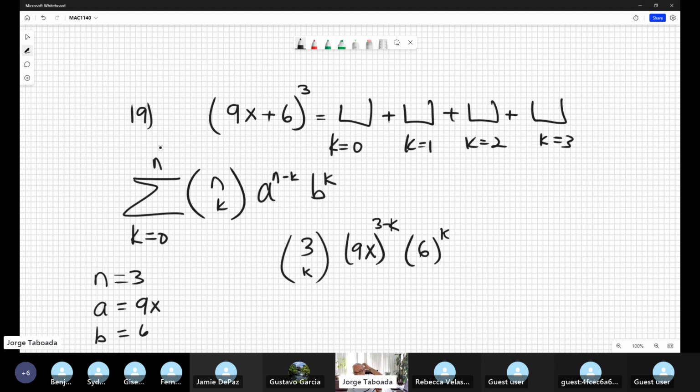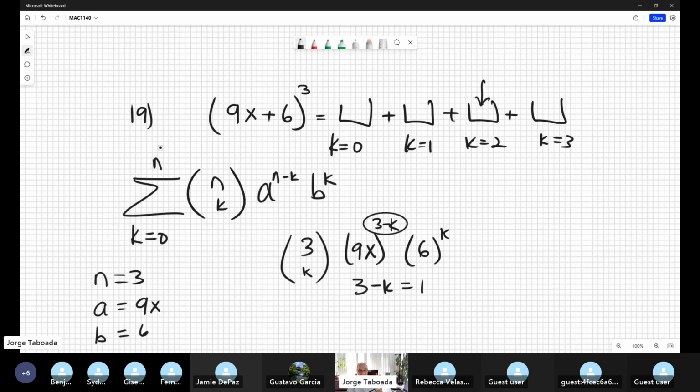But the clue that gives me information about K is in this term, K is 2, and 3 minus K equals 1. How do you know? Because of the specification: I want the term, when you expand it, where the x has power 1.